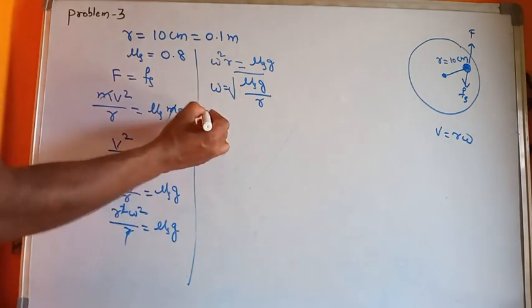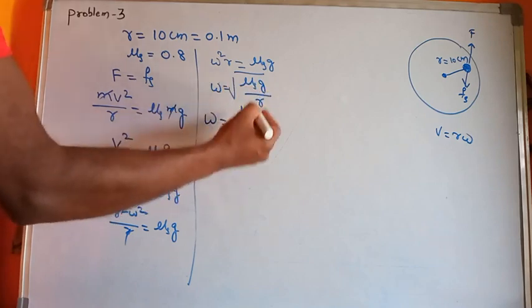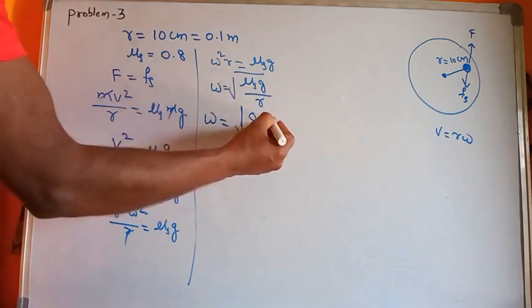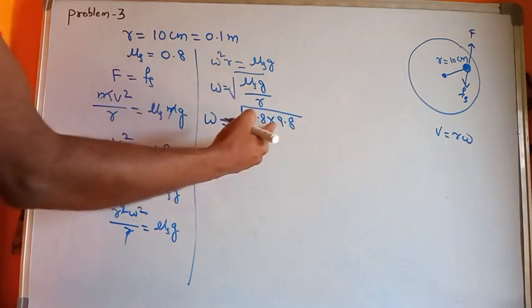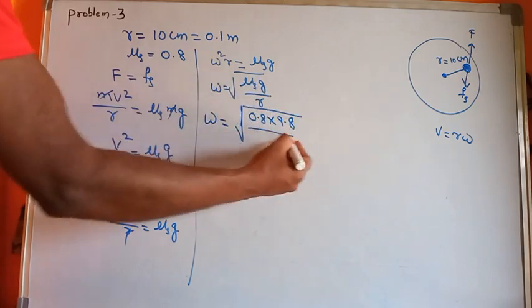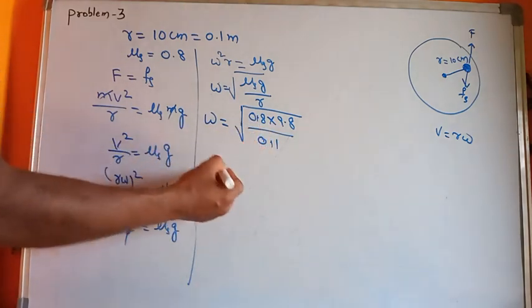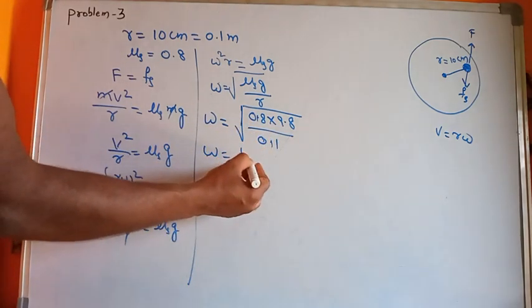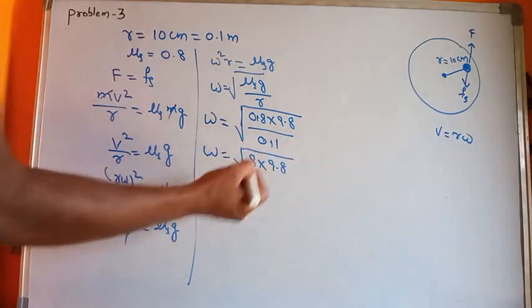Then substitute the values. Angular frequency omega is equal to the square root of 0.8 into 9.8 by 0.1. Here mu s is 0.8, g is 9.8 and r is 0.1. The point cancels, and omega is equal to the square root of 8 into 9.8.